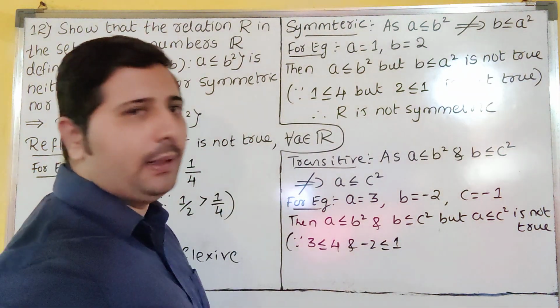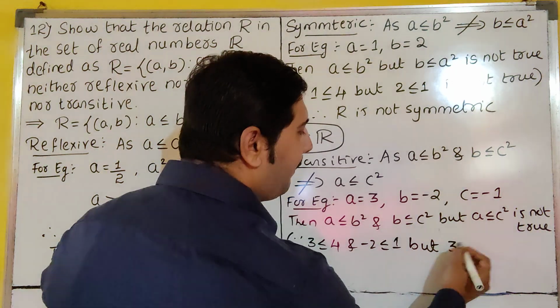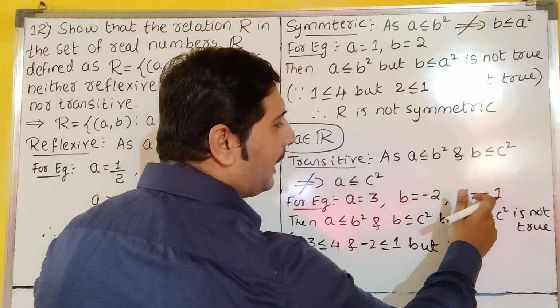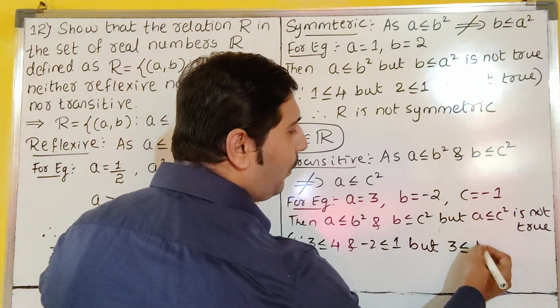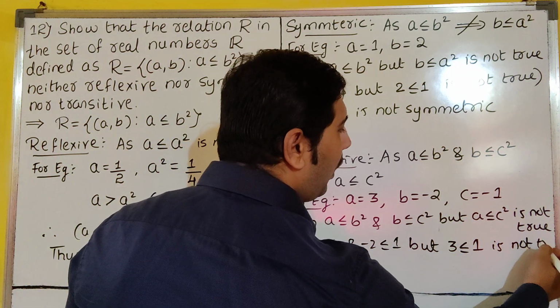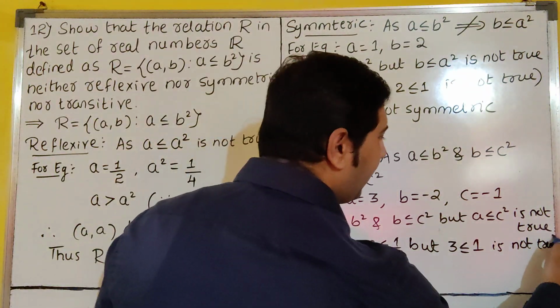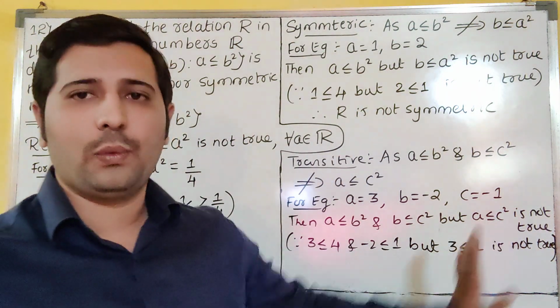Both are satisfying. But you see, A value is 3, C value is -1. -1 square is 1, so 3 is less than or equal to 1 is not true. Clear?